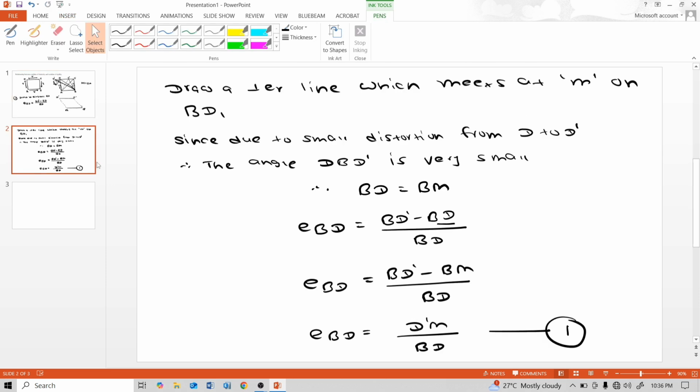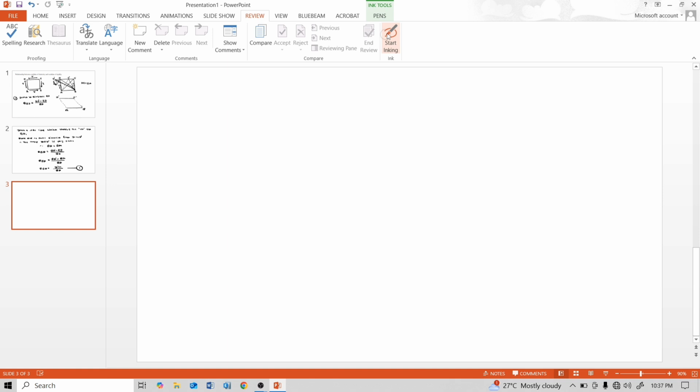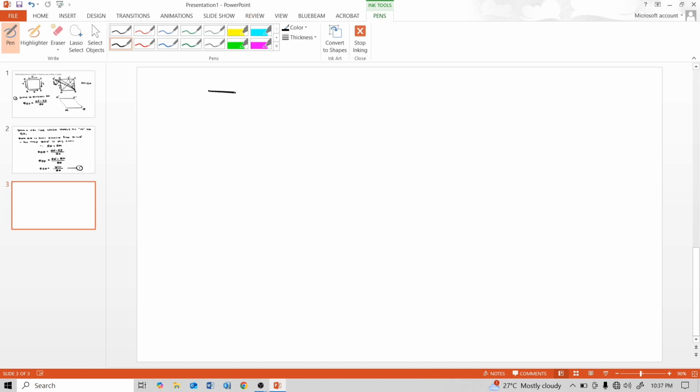Next, consider this triangle D dash MD. Angle D dash MD is equal to 90 degrees.